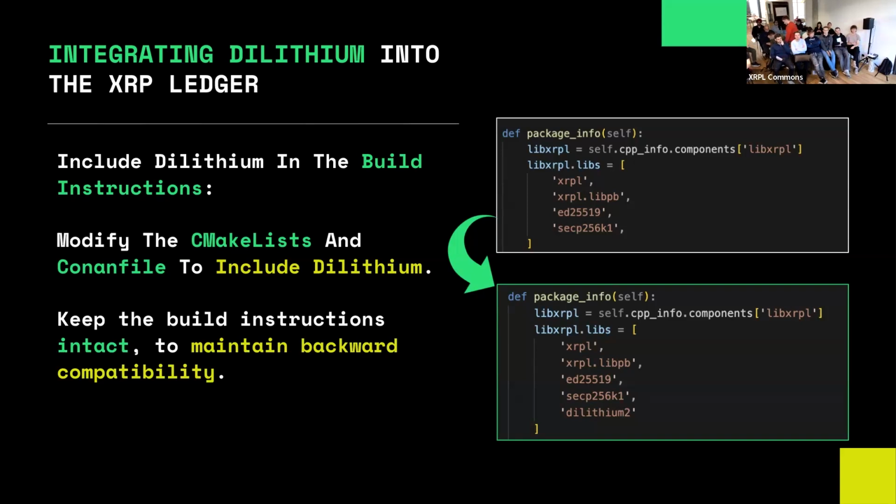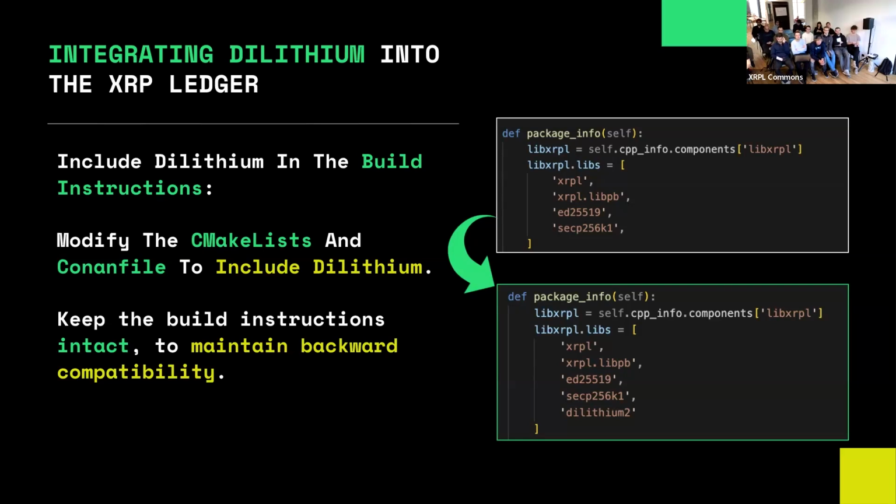So this is a screenshot of a piece of code in the Conan file. We named the library dilithium2 because we were using Dilithium 2 as one of the versions. There are 6 different versions. It's 2, 3, 5, and the AES variants for 2, 3, 5.